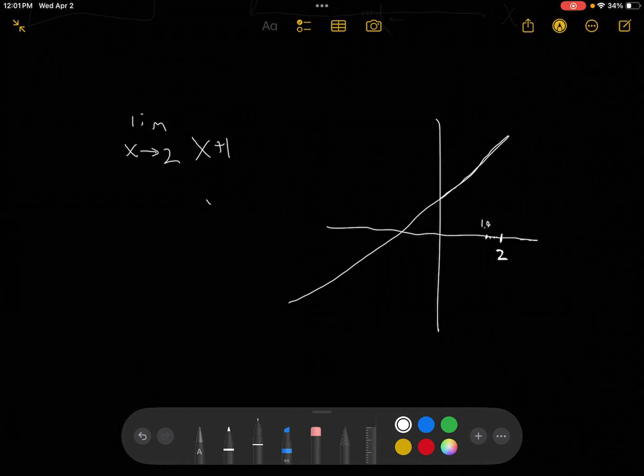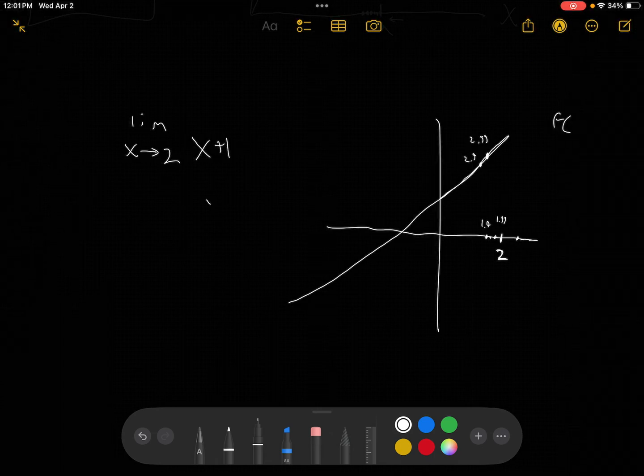So let's take x values that are getting closer and closer to 2. So if we take like 1.9, then the corresponding value of our function is going to be 2.9. Then if we take like 1.99, the corresponding value is going to be 2.99.